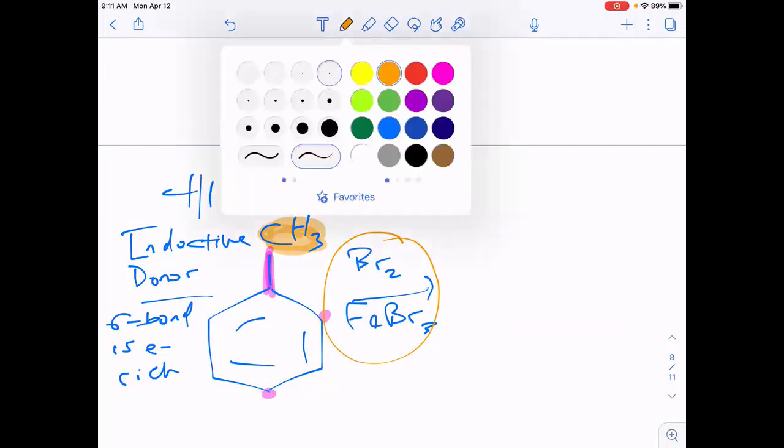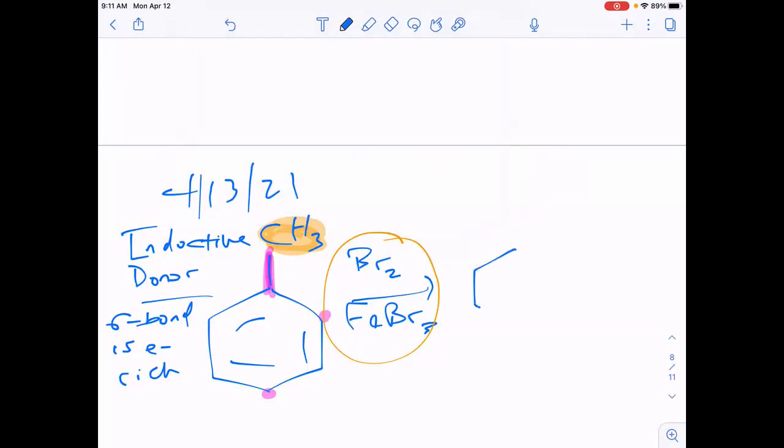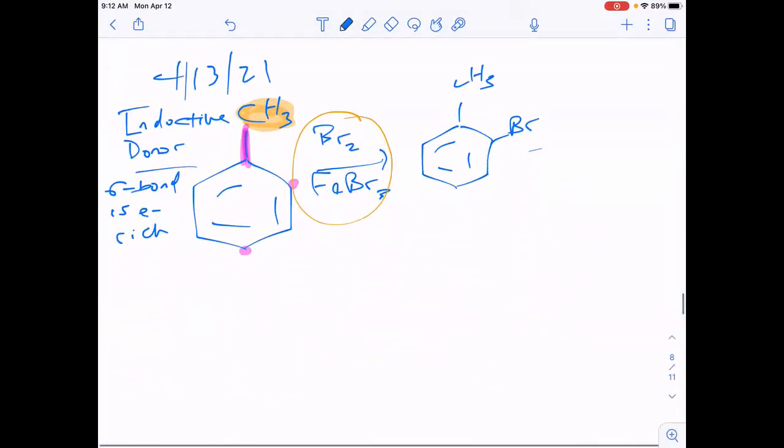You would get the ortho product where bromine is here, and then you get the para product where bromine is here.